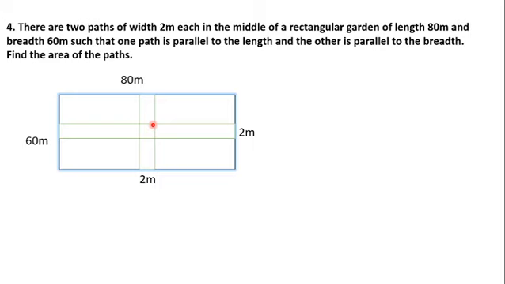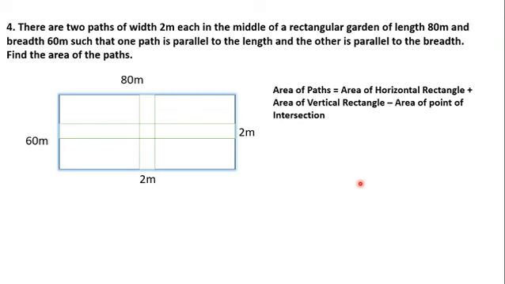Now, if you look at this path right here, we will find the area of this path or rectangle. And when we are done with that, we will also find the area of this other path or rectangle. But there's something you should notice, and that is the fact that we have counted this area twice. When we were dealing with the area of the horizontal path or rectangle, we counted that part.